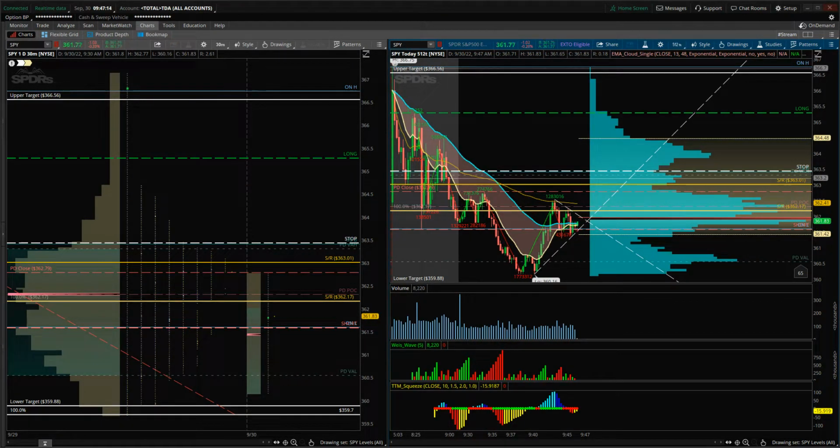Some price action wedging. You can see the EMA is getting closer and closer. Looks like we might be getting ready for a pop soon.